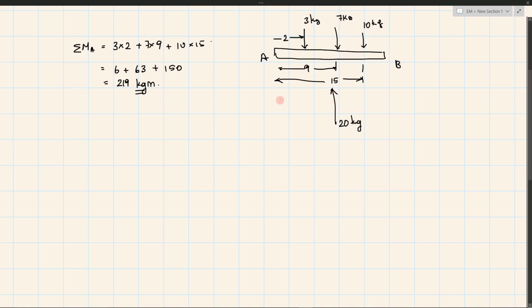But I'll have to find this distance x. That is the question that they have asked. So this 219 kg meter must be balanced by 20 into x kg meter. So x is given by 219 divided by 20, that is 10.95 centimeter.